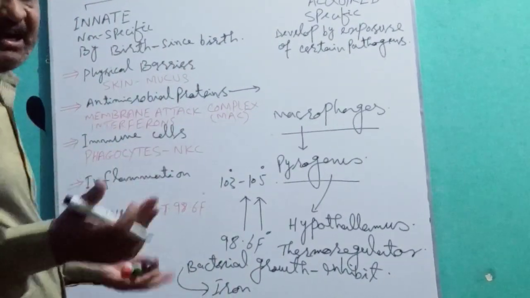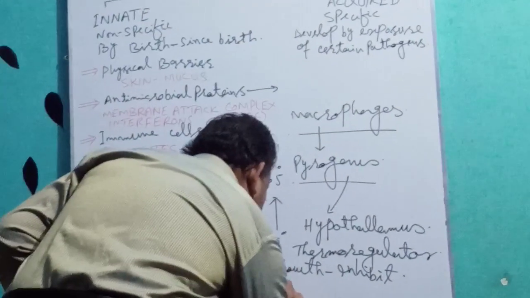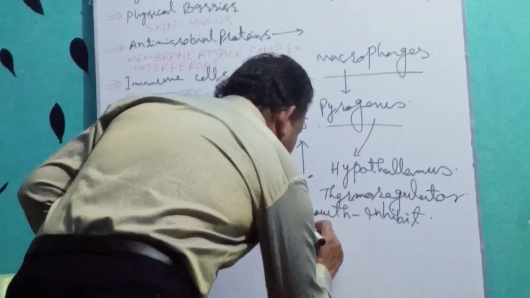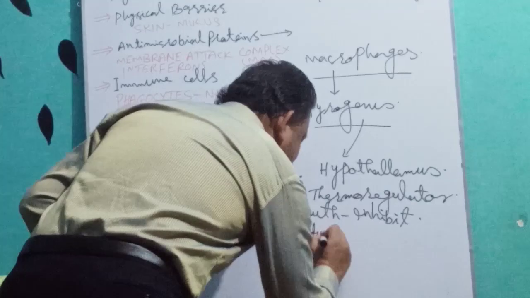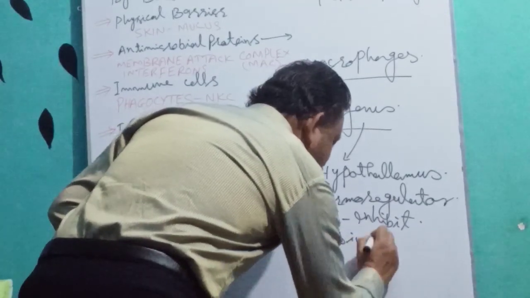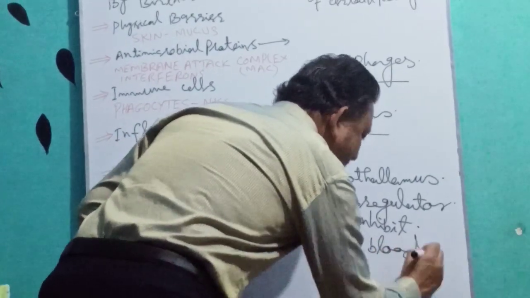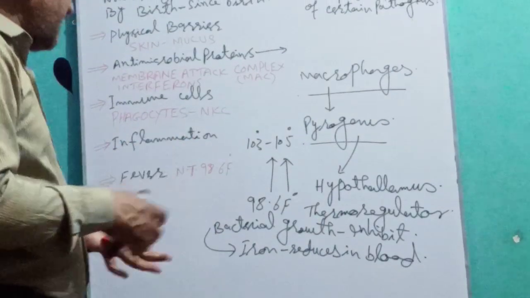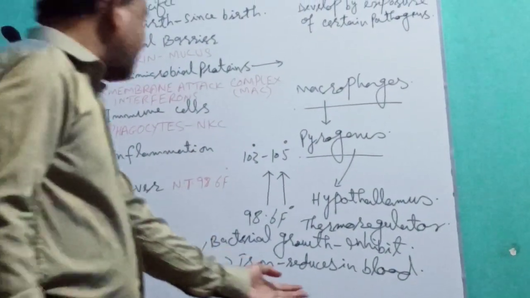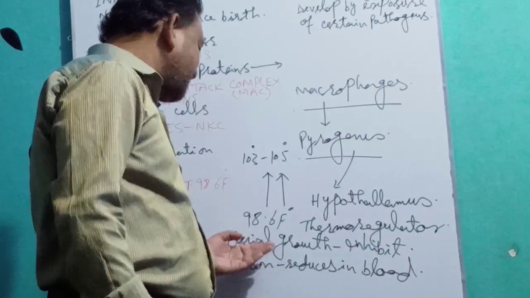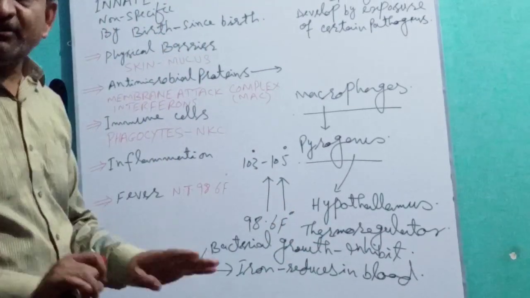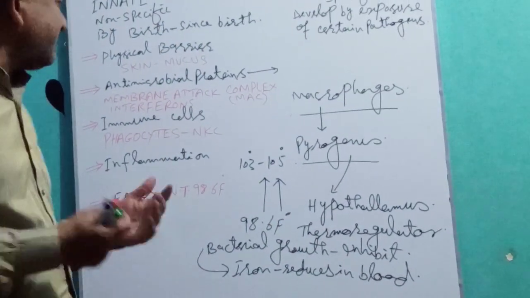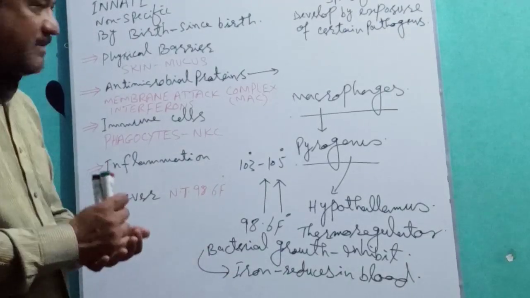And when the temperature is high, the iron reduces in blood. And when the quantity of iron is low in blood, the bacterial growth is inhibited or slowed down. So this is the benefit of the temperature.